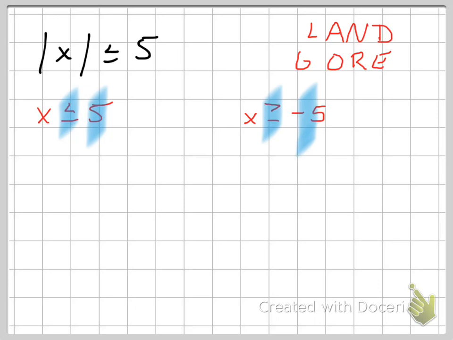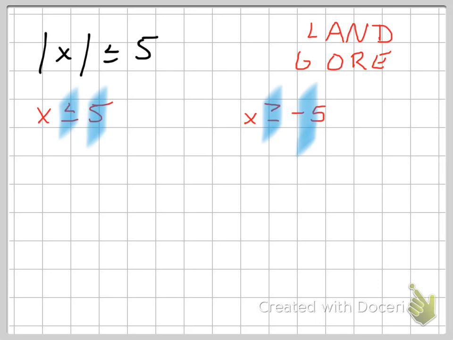Is this an and problem or an or problem? Does anybody know? Why? It's less than. It's an and problem because it is less than, which means that when we graph this, these graphs should overlap, yielding us some sort of skateboard-looking graph.